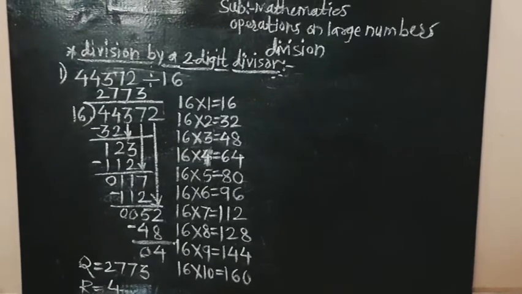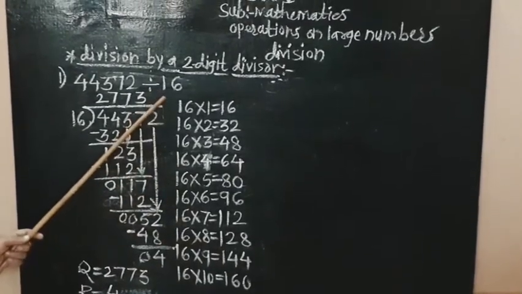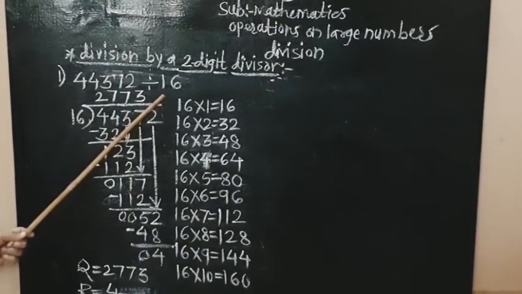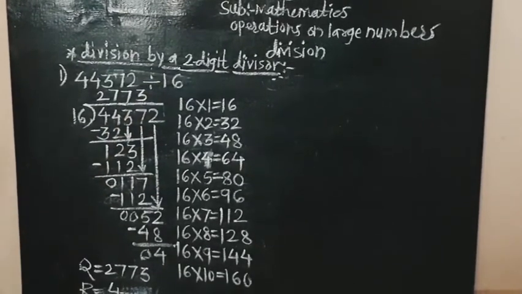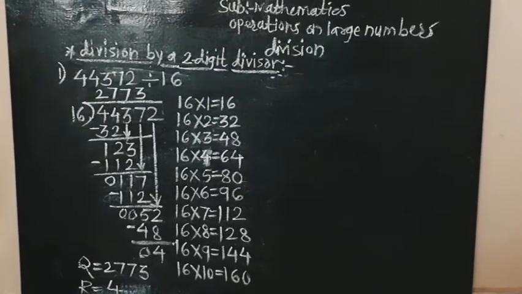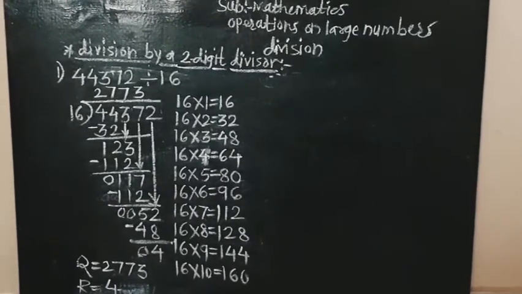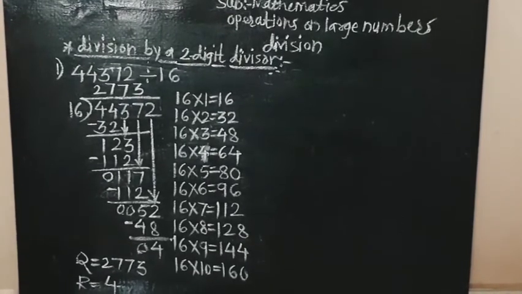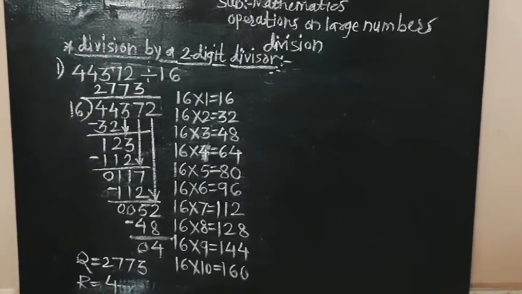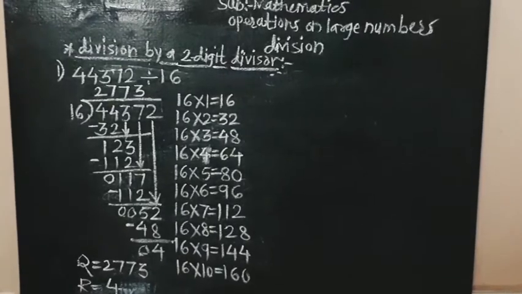Now what is the first step? You know the divisor here is 16. You should know that table, or if you don't know the table you have to make it, and for making the table you should know multiplication by one digit very well.